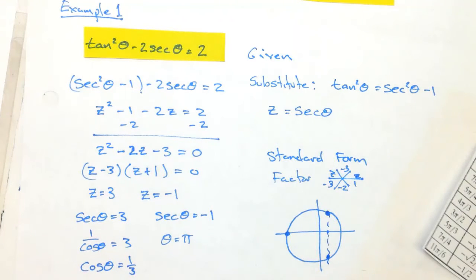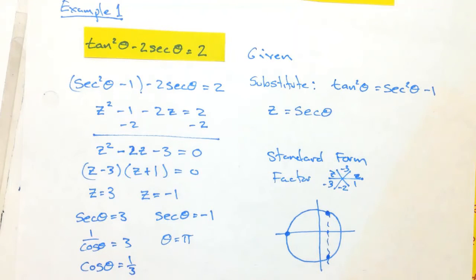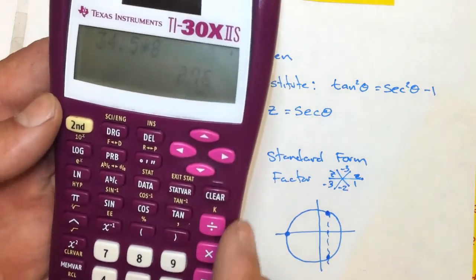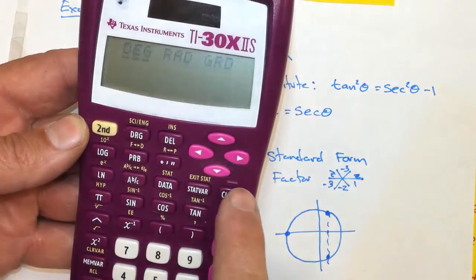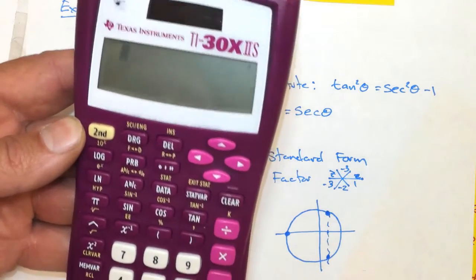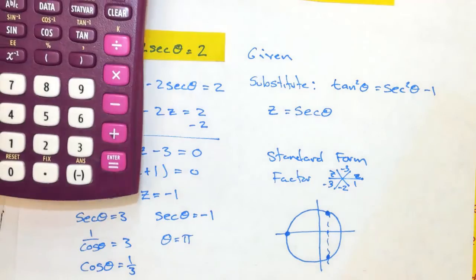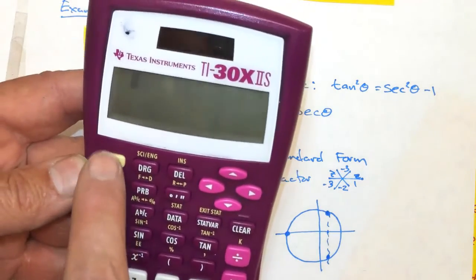In order to find those, and it's not a common angle, we use our calculator. Make sure we're in radians. Mine's not in radians. And then I'm just going to do the inverse cosine of 1/3.